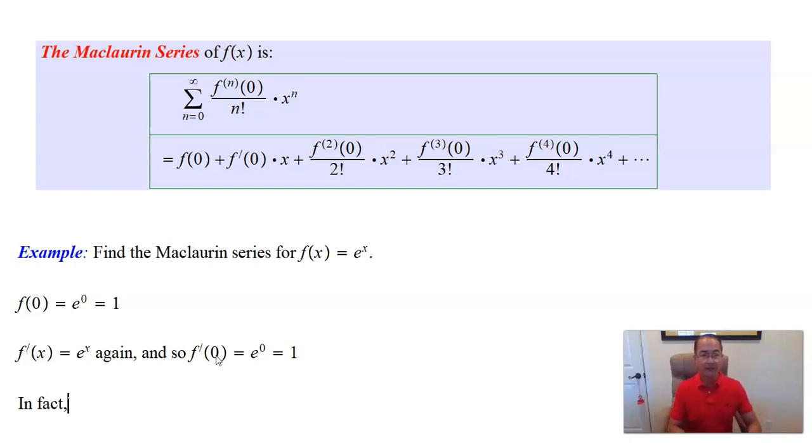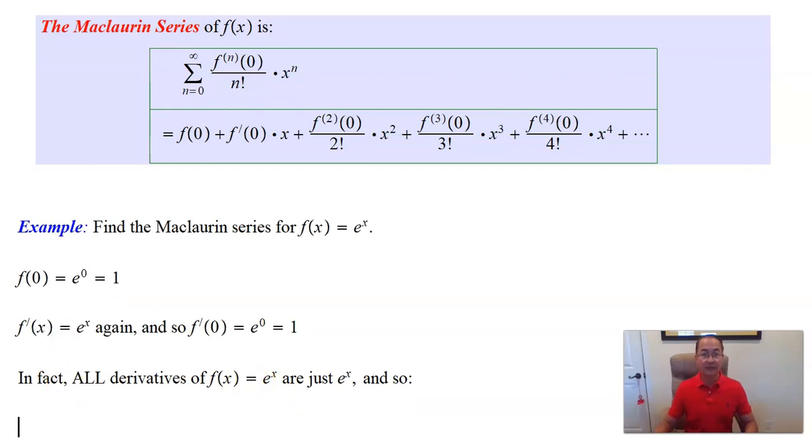In fact, all derivatives of f of x, which is e to the x, are just e to the x. And so all of these derivatives evaluated at 0 are equal to 1. Second derivative is 1, and the third derivative at 0 is equal to 1, and so on.